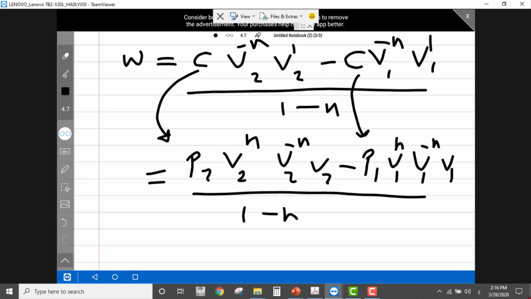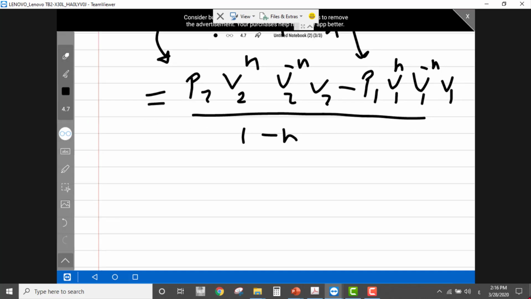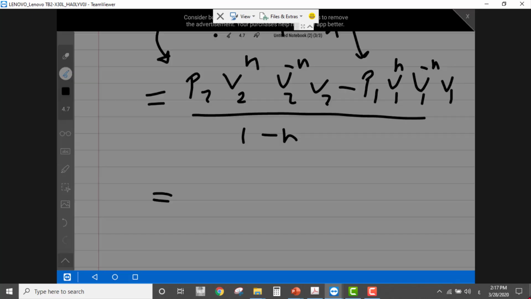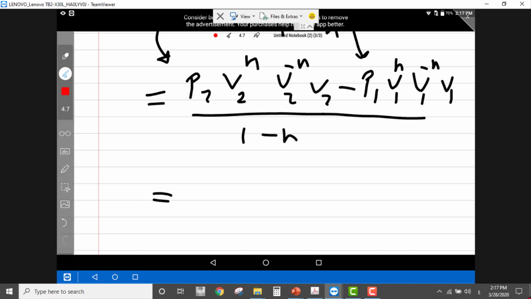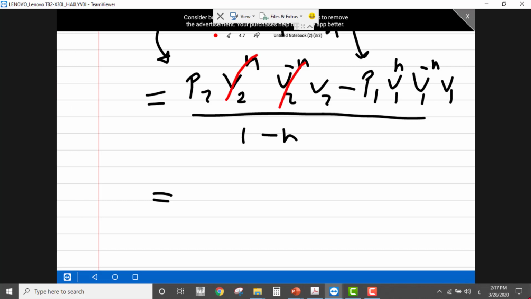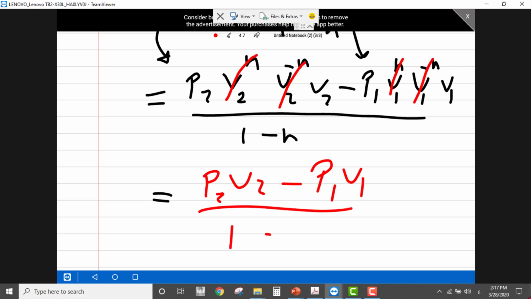And this is equal to, now this V to the n with this V to the n, if you multiply them, n minus n equal to 0, so V to the power 0 equal to 1. So we end up with P2 V2 minus, and here the same, P1 V1 over 1 minus n.